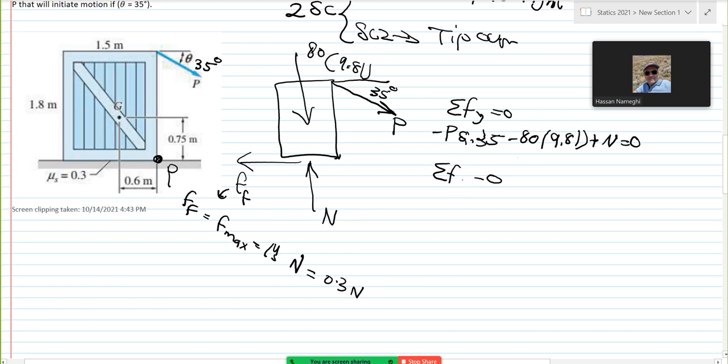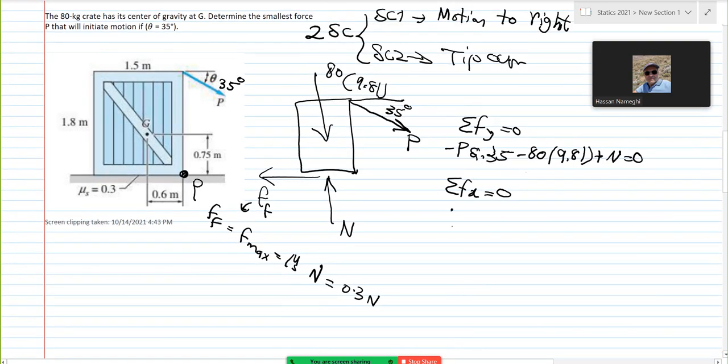On the X, I have F of F, which is 0.3N. So it will be P cosine 35 minus 0.3N equal to 0. From this equation, I can find N in terms of the other one.